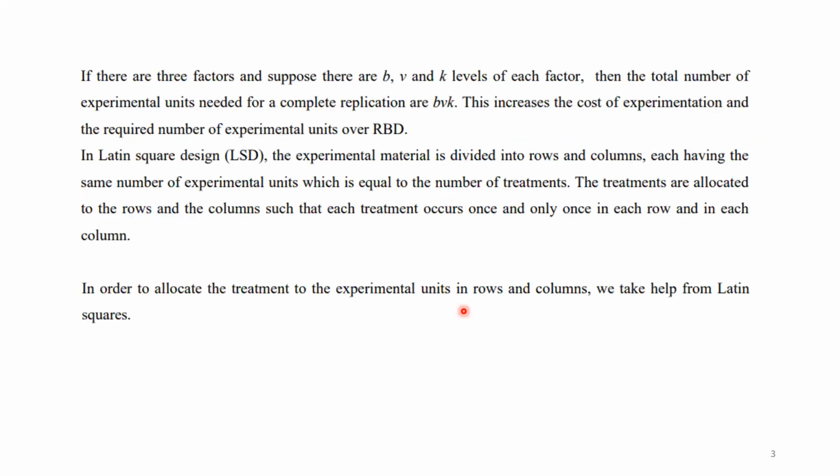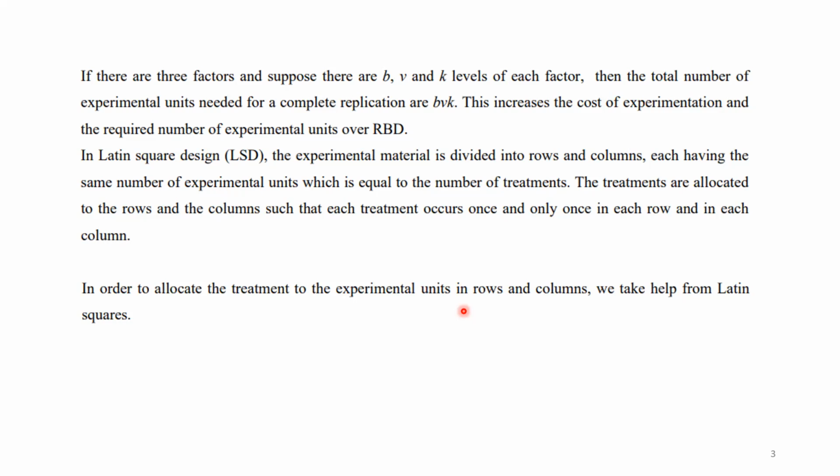Then, if there are three factors, suppose B, V, and K are the levels of each factor, the total number of experimental units needed for complete replications is BVK. I think you will remember that when we calculated the degrees of freedom for the total sum of squares, we considered all observations in the experiment.